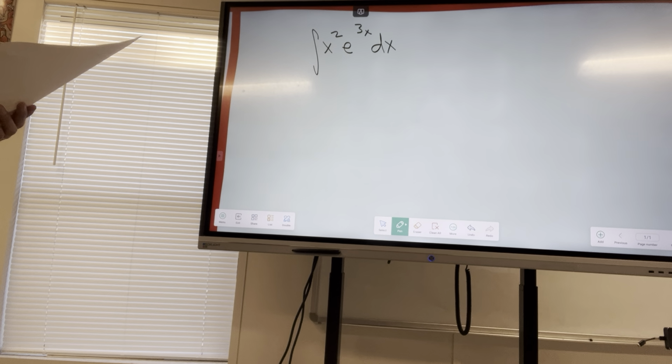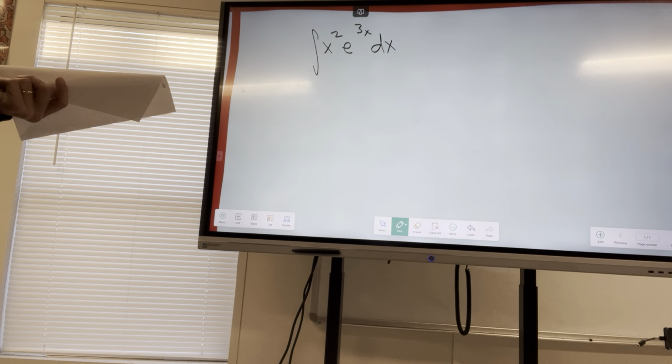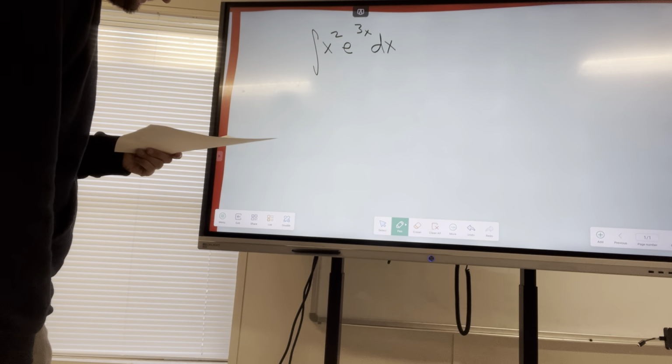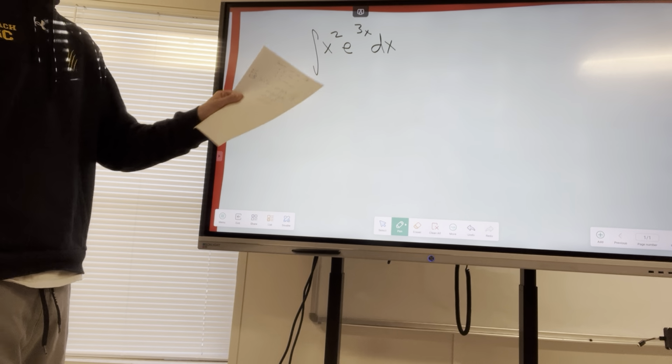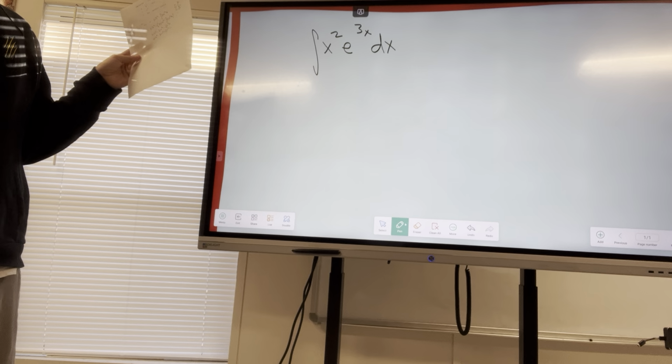All right, we did already x e to the x, and we figured that out, and it wasn't too bad. This x squared e to the 3x does have another layer. It has that x squared on it.